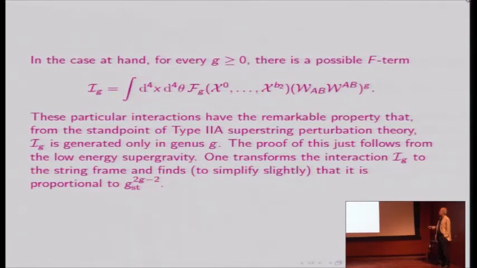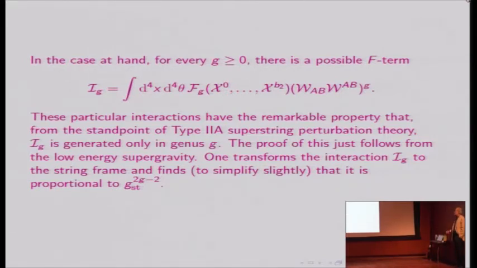Then we've got some spin 1 chiral superfields, so we have to contract their indices to make a Lorentz singlet, and then we can raise it to the g-th power. All I've really done is write down the most general Lorentz invariant function of x and the w's. Since the w's aren't Lorentz invariant, we have to square them, raise them to the g-th power for any non-negative g, and multiply by a function of the x's. So that's the most general F term we can make from the chiral superfields I've told you about.